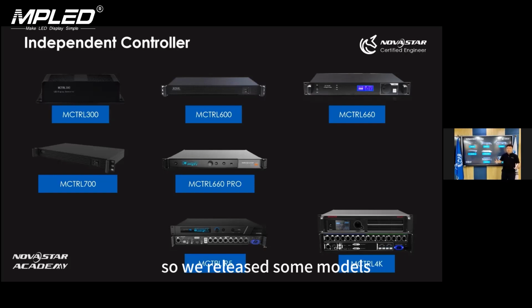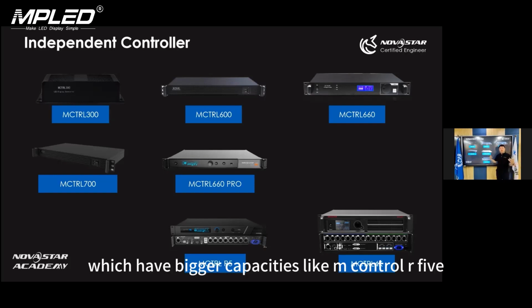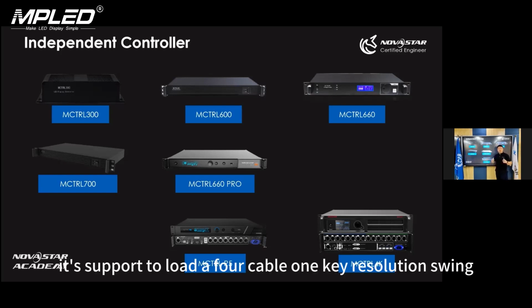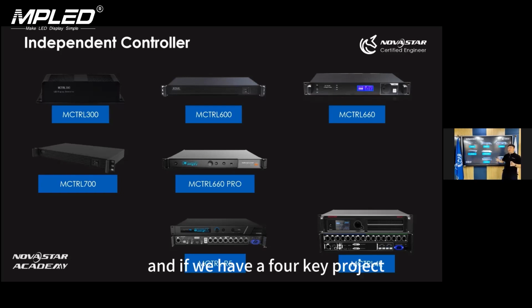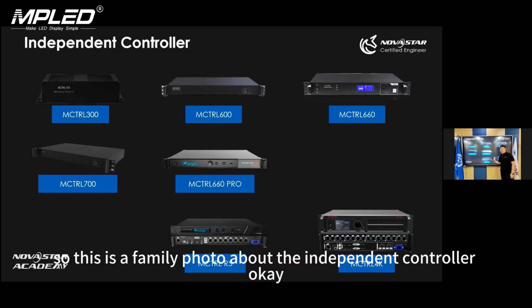So we released some models which have bigger capacities, like the M Control R5. It supports loading a 4K by 1K resolution screen. And if we have a 4K project, then we can use the M Control 4K. So this is a family photo of the independent controller.